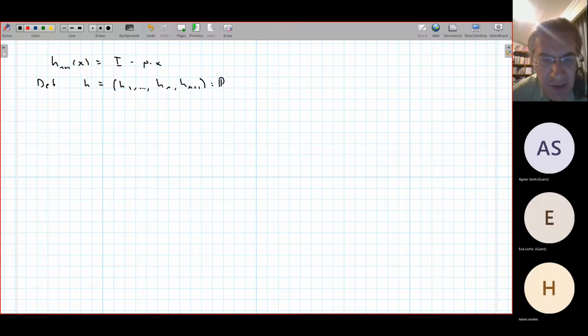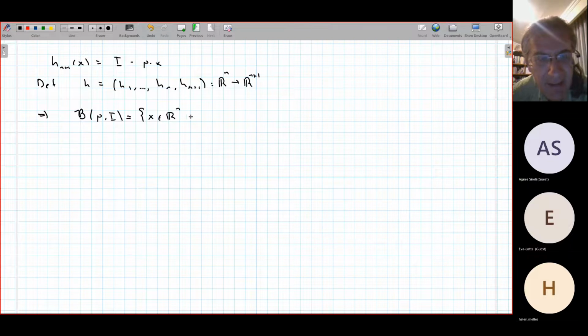So you see, this is going to be a function that goes from Rn into R n plus 1. And in that way, the feasible region is the collection of all x in Rn with the property that h of x is greater than or equal to 0.